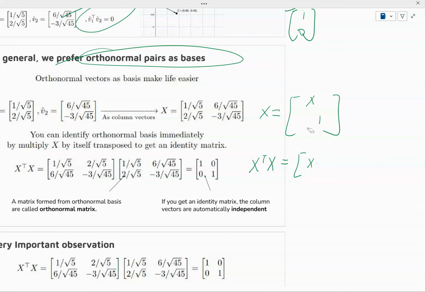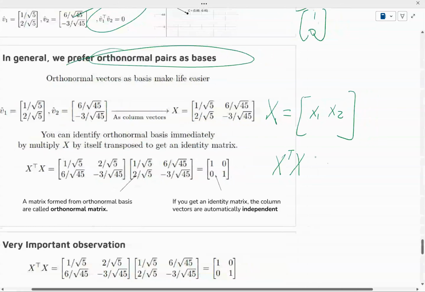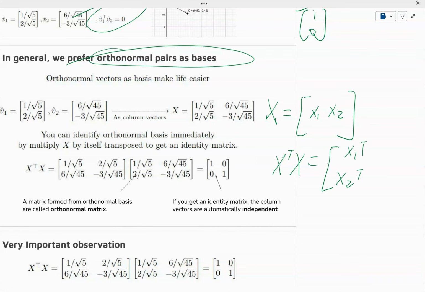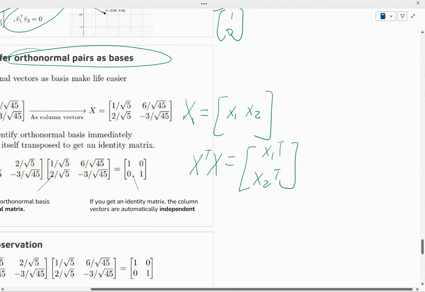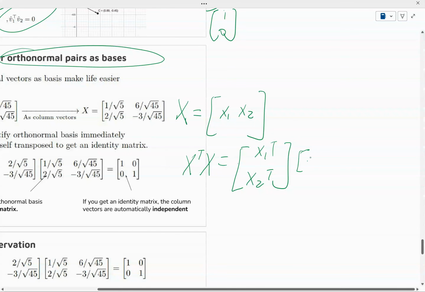No. X here is defined as [X1, X2], so this is capital X. And therefore, X transpose X is equal to [X1 transpose; X2 transpose] times [X1, X2].